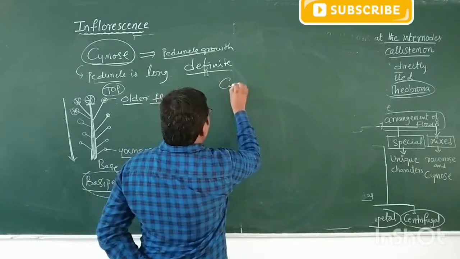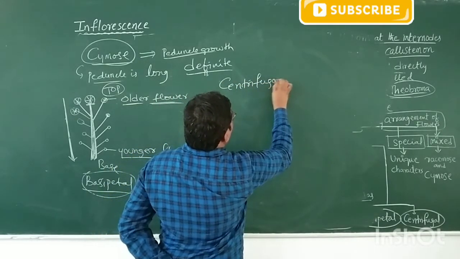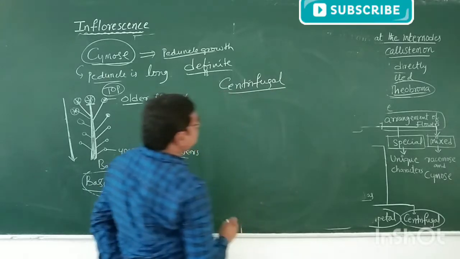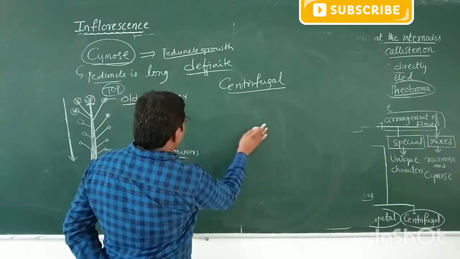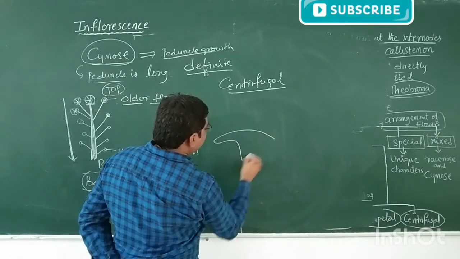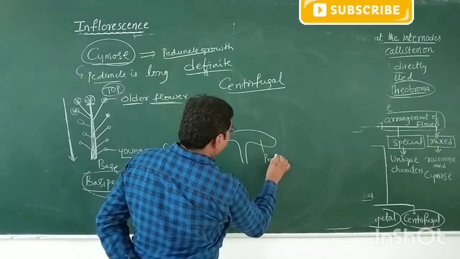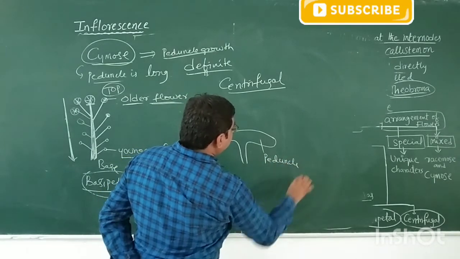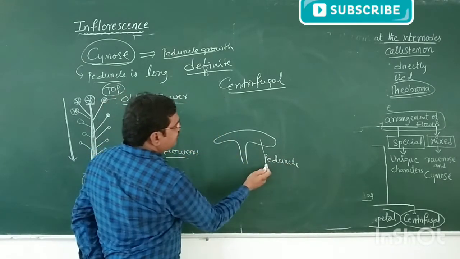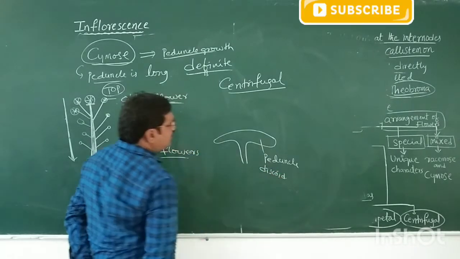So next, centrifugal succession. Here the peduncle is condensed to form a discoid shape. This is the peduncle. The peduncle is a condensed form, that is called discoid shape.